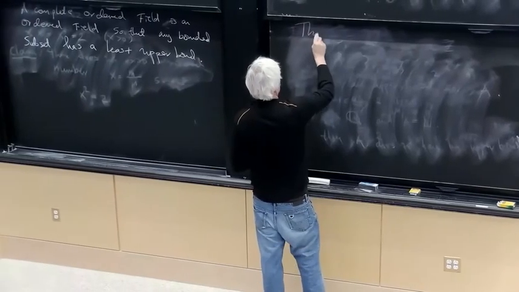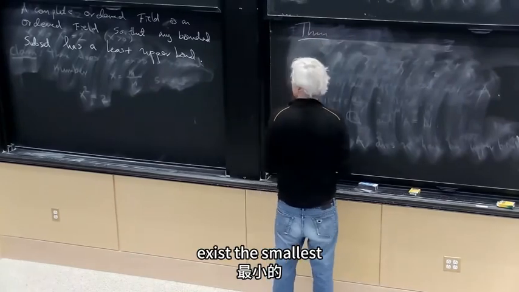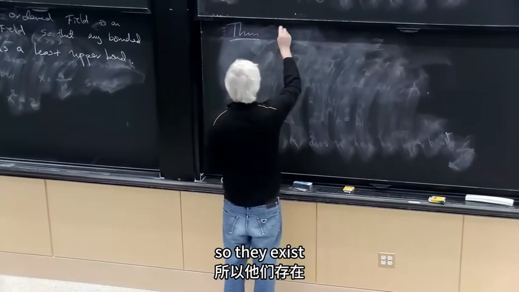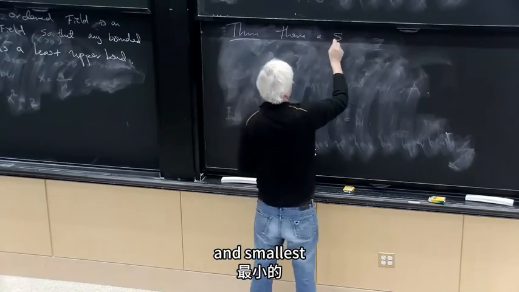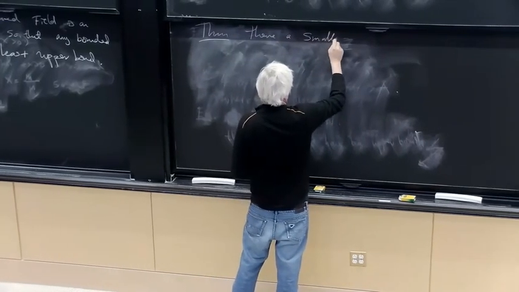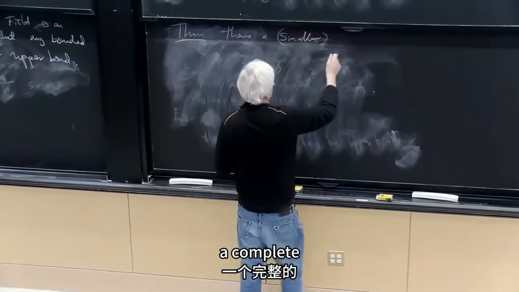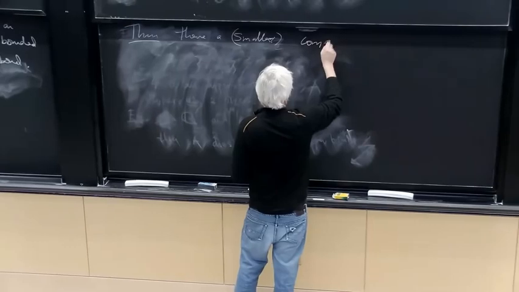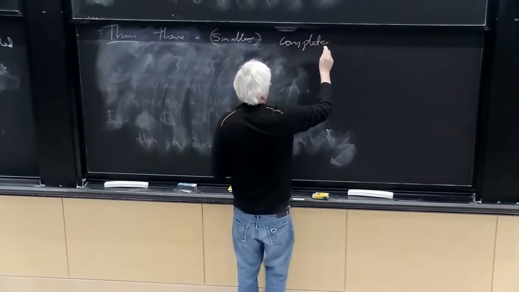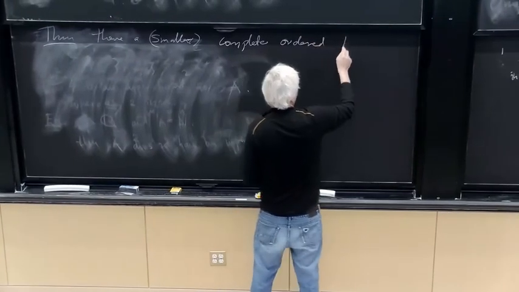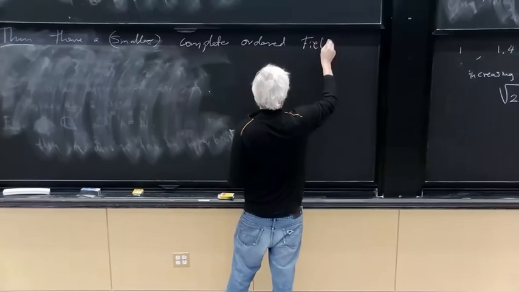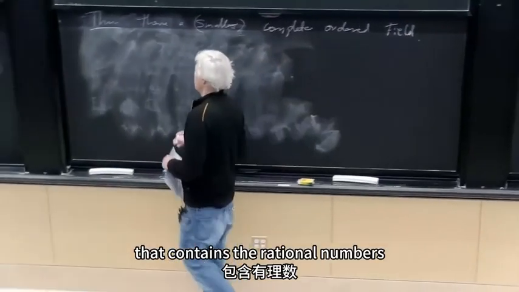Theorem: there exists a smallest complete ordered field that contains the rational numbers.